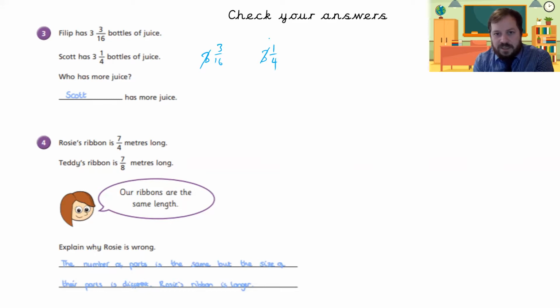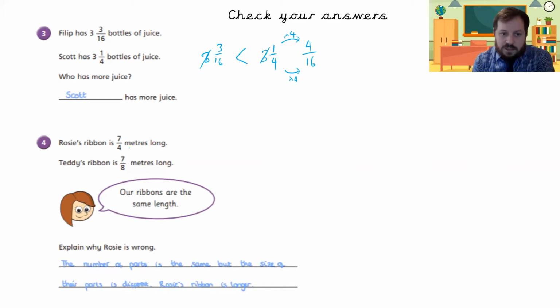Okay, then we've got 3/16 and 1/4. So 4 does go into 16. It's timesing by 4. So that's 16, times the top by 4 as well. It's 4, and that means that the 4 is bigger than the 3. So Scott, the second one, has more juice.